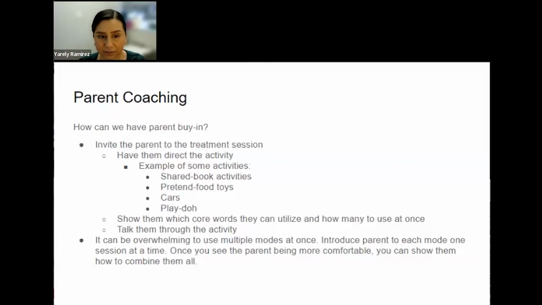You talk them through the activity. Just know that as you, the therapist, had a learning curve, it'll be the same for the parent. So I think for parents, it's really crucial to introduce one mode at a time. Once you see that the parent is very comfortable using that sign, that gesture, or that icon, you can start combining them all.